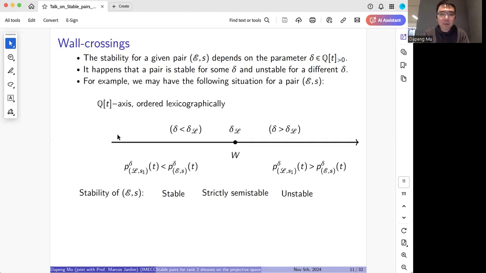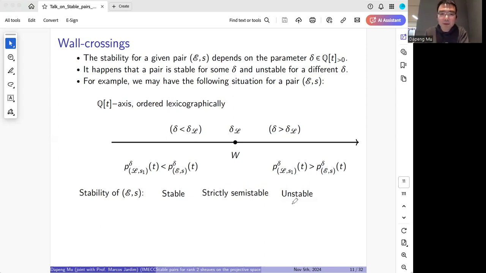So for example, I will show this diagram. This axis is the Q[m] axis, the rational coefficient polynomial axis, and we give the order by the lexicographic order. It happens that for some pair, it might be stable for some delta, and it might be unstable for some other delta.